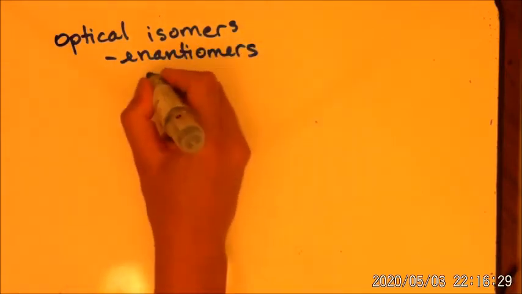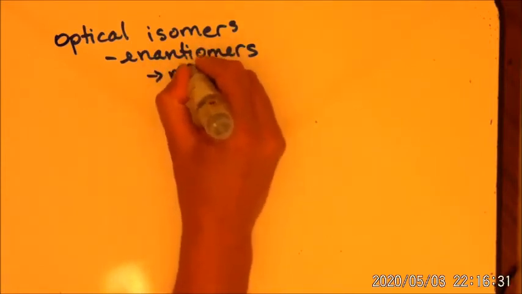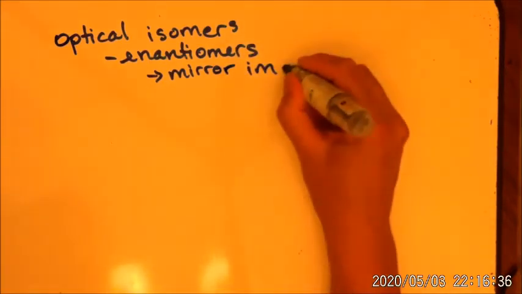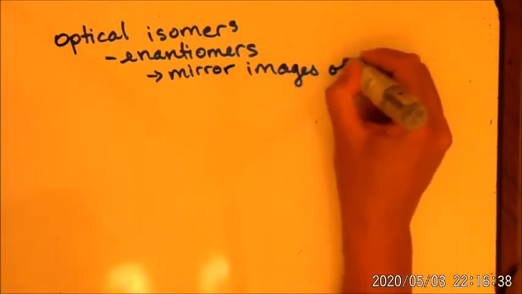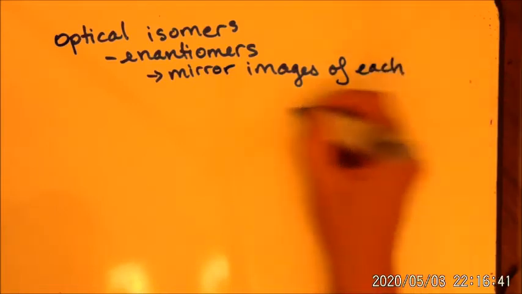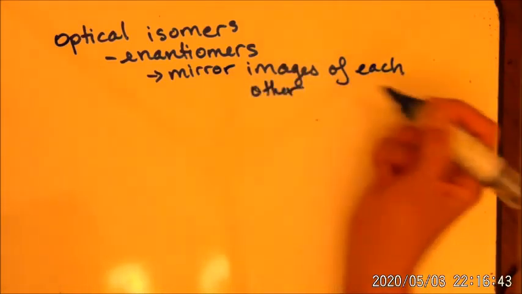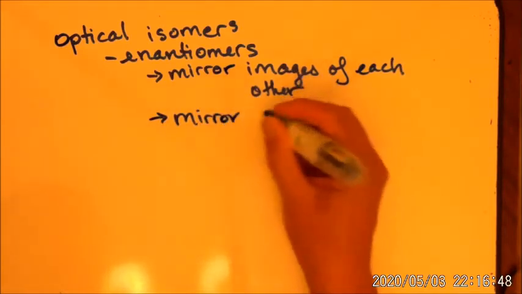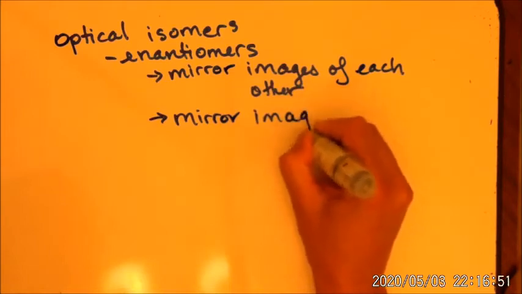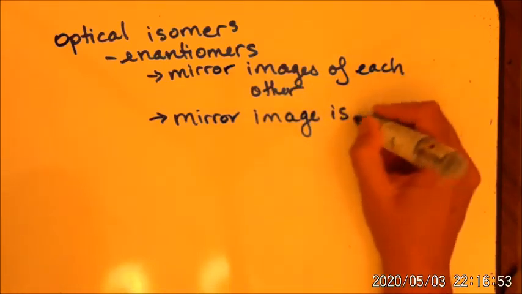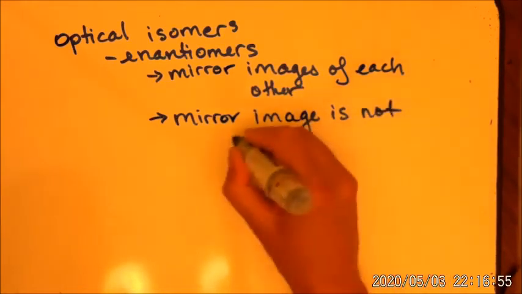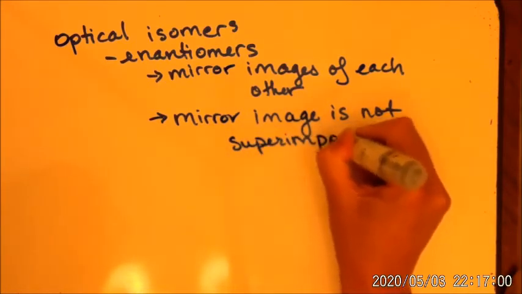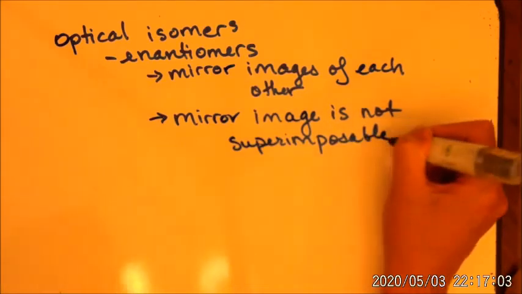They are mirror images of each other. And you need to know that the mirror image is not superimposable. If they're superimposable, then it's not even a different compound.